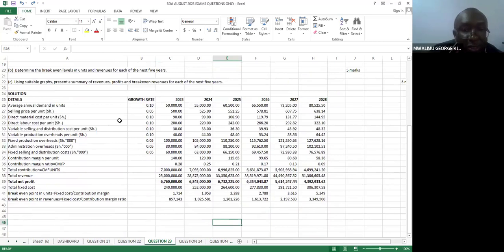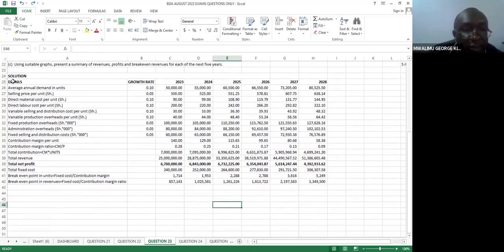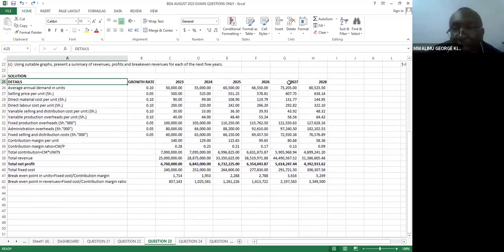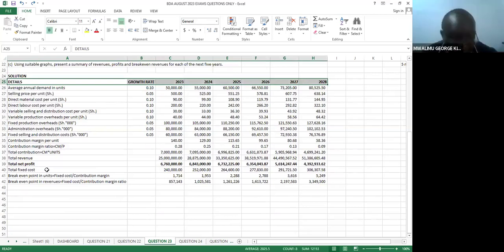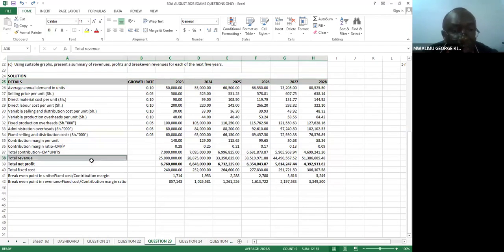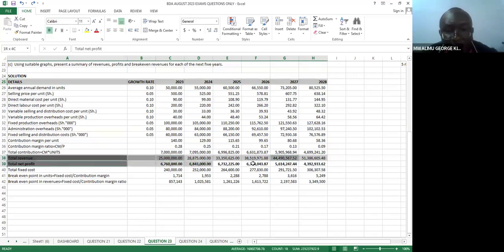So what we can do, let's take this column here. Then you can press Control. We have been asked for revenue, so we come and pick this one also. We have been asked for profit, so we come and pick this one also.